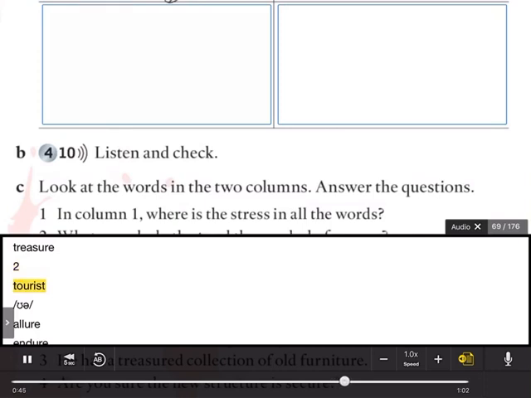Tourist. Allure, endure, immature, impure, obscure, secure, sure.